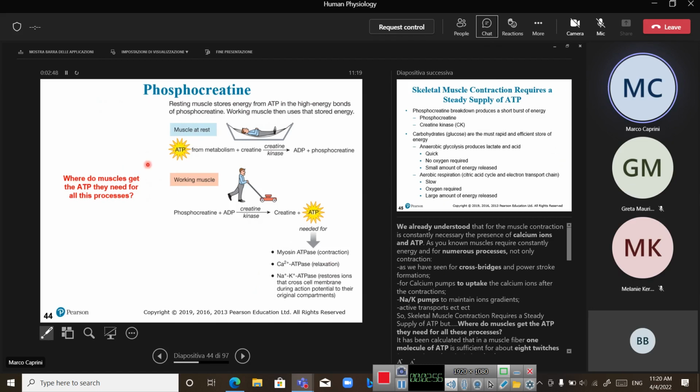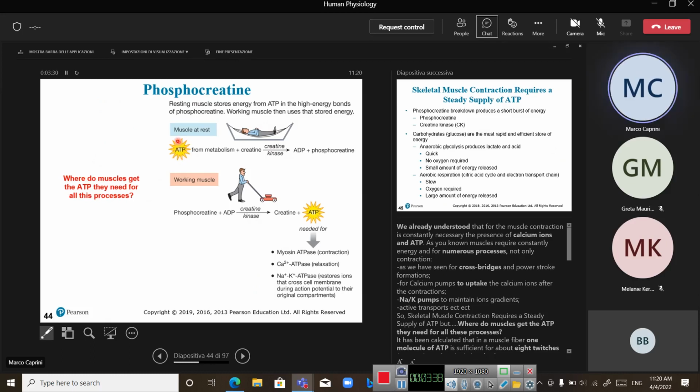And we already understood that the presence of ATP and calcium is constantly necessary for muscle contraction. But we already know that we always have ATP in our muscle. Even if we work a lot, we will spend a lot of ATP. At the end, we always have a little amount of ATP to do some exercise, for example.